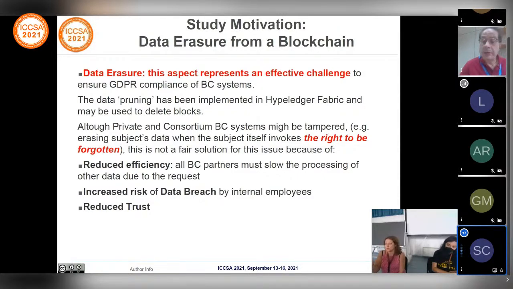And we also studied whether introducing some important information can lead to a reduction of efficiency, and can introduce more risks in safety and data breach for the data that have to be managed in the blockchain.